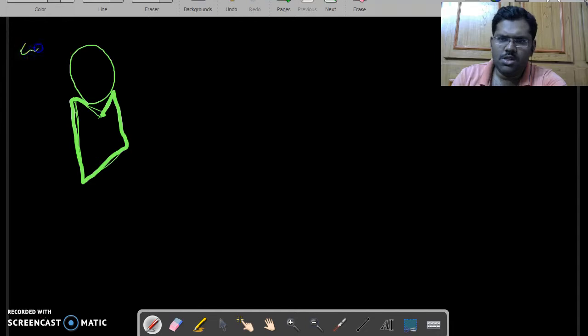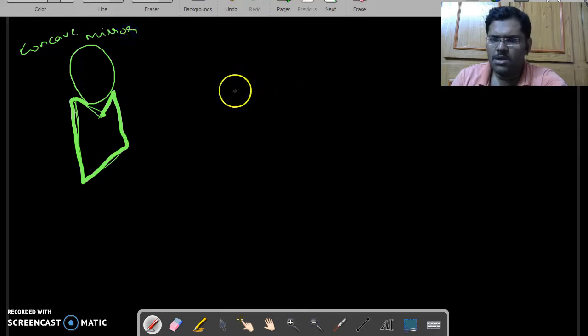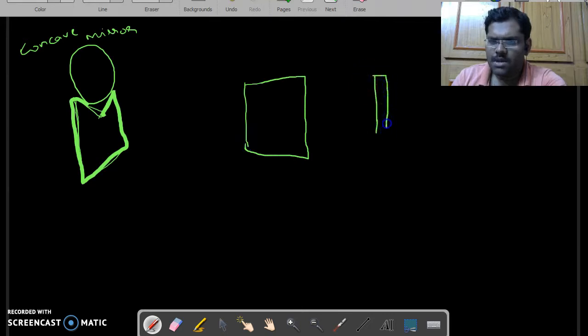So this is a concave mirror. In front of it we place a screen, and beside that we kept a candle. So this is a candle over here.